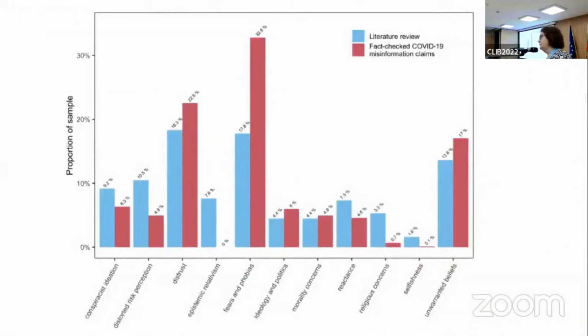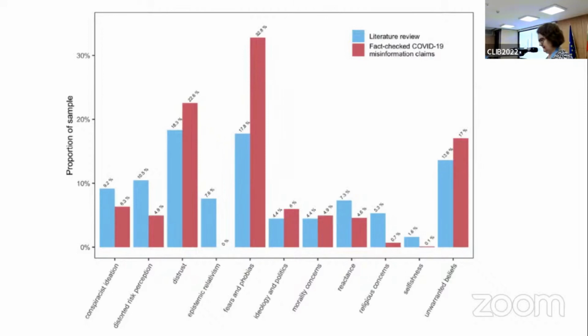And in this work, they have produced two textual data sets. The first data set is constructed by performing a comprehensive literature review of 20 years of psychological works on vaccine hesitancy and extracting text from the articles at many different levels.